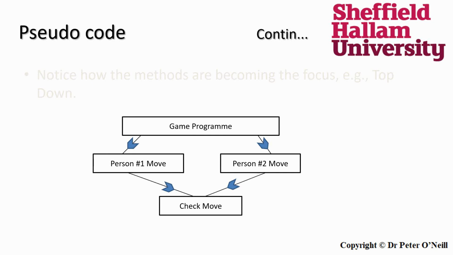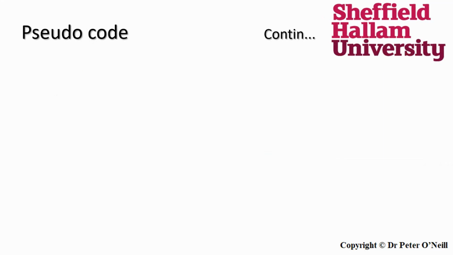And that's all it does, essentially. And of course, it terminates in check move if the person's won or it's drawn. So that's called a structured chart for the game.